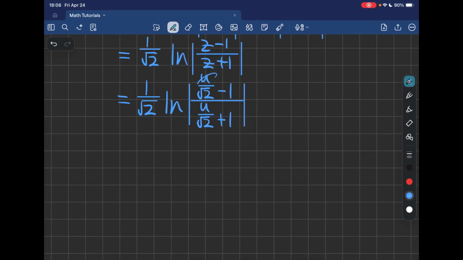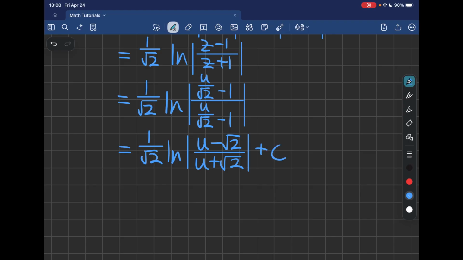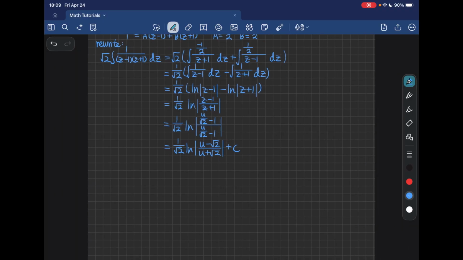Well, we can multiply the numerator and denominator by square root of 2, right? Because this fraction looks kind of ugly. We can stop here when we have u alone with something, plus c if you want to write it, but it's okay if you don't right now.